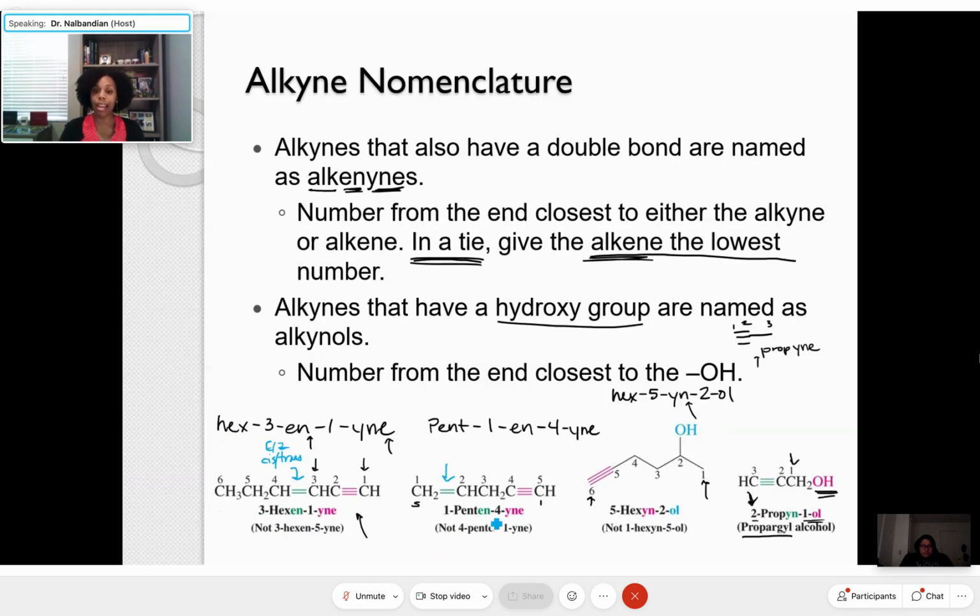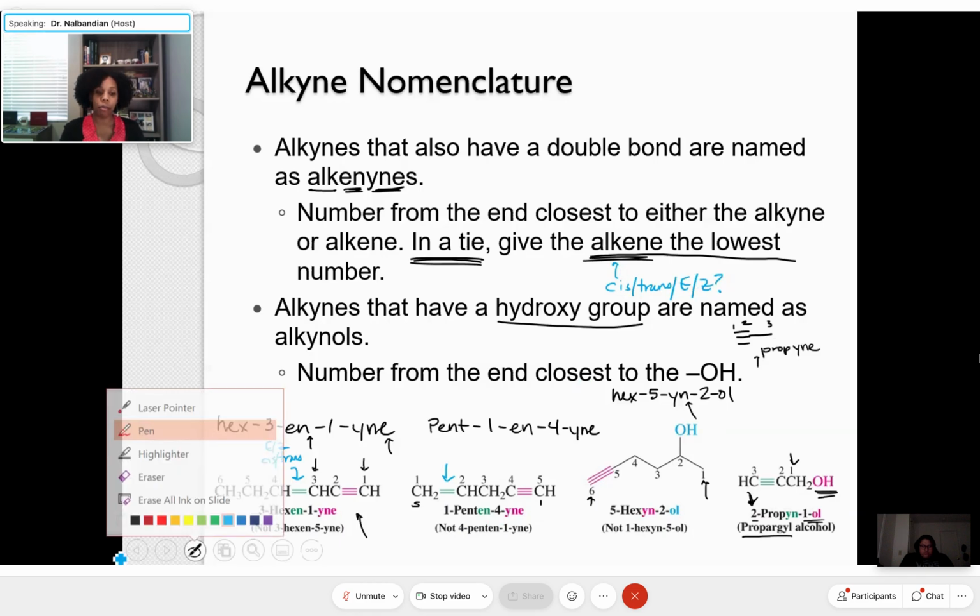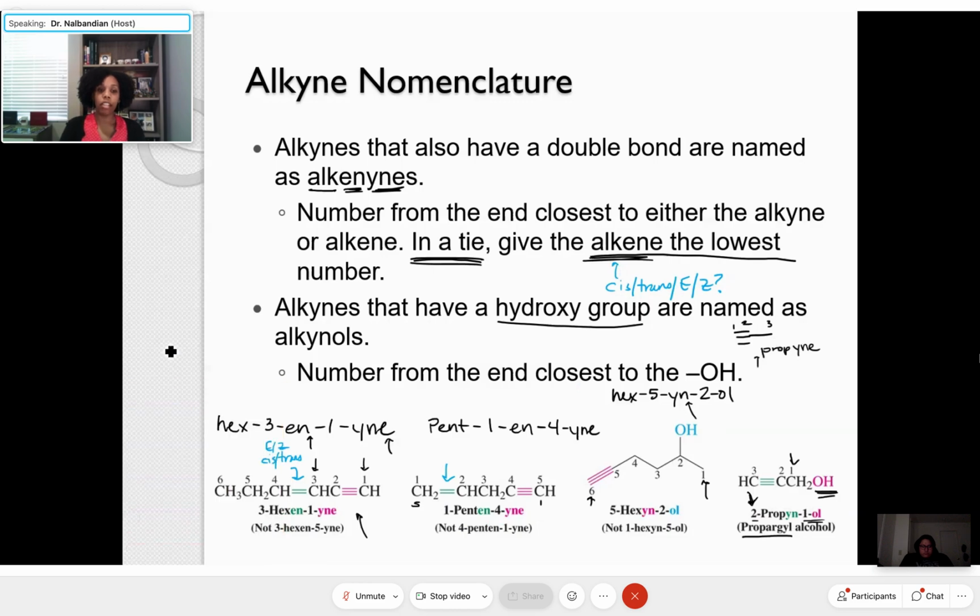But remember, whenever we have any kind of alkene, we have to look for, okay, can we do cis-trans? Can we do E/Z? They're not showing you that stereochemistry as they've drawn it, but if they drew it like this, then you'd have to specify. As they're drawing it in the condensed form, they're not showing you that, but just keep that in mind. Questions on any of the nomenclature stuff?